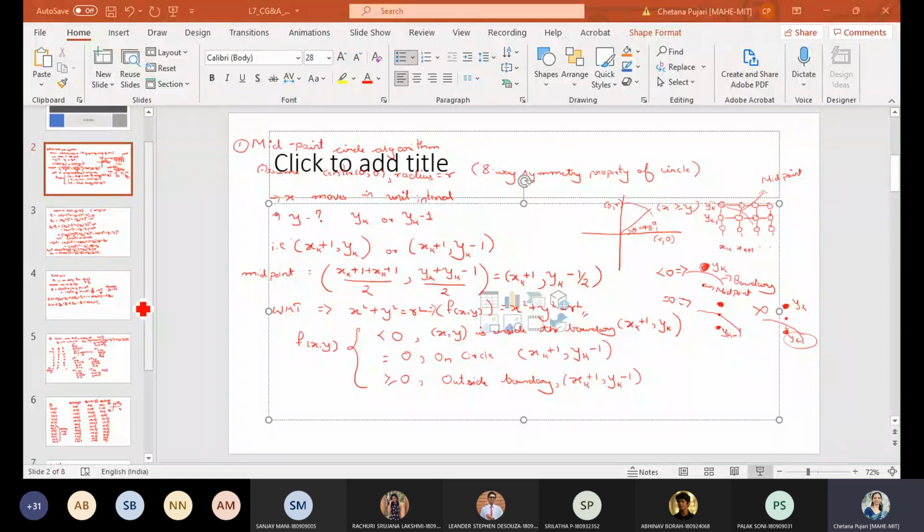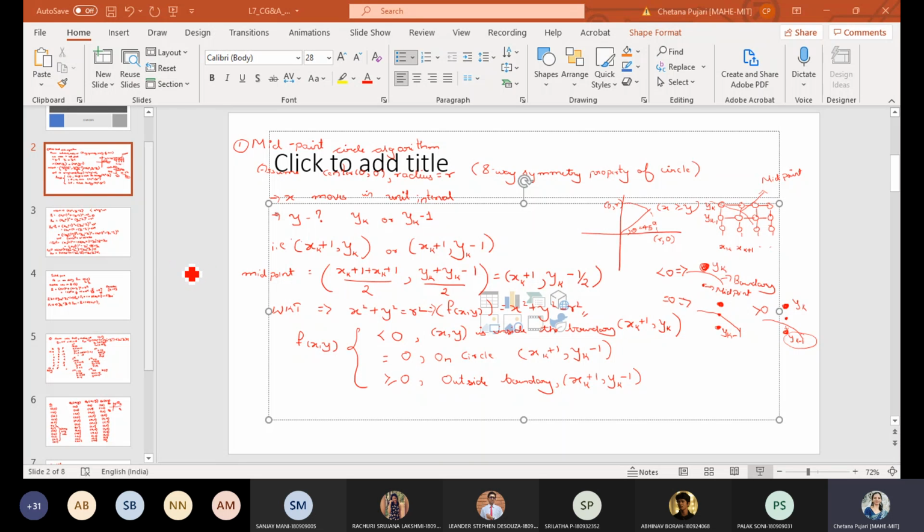Let's say the distance between the center and your point A is dA, and the distance between the center and your point B, which is somewhere here, is dB. Your circle will be something like this.